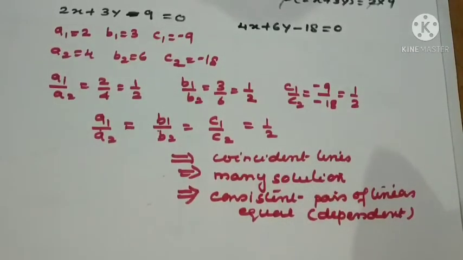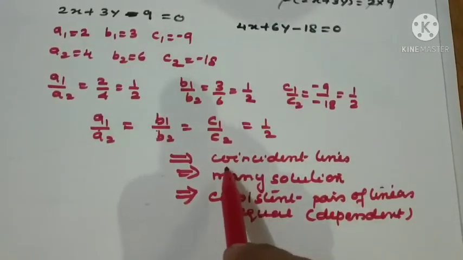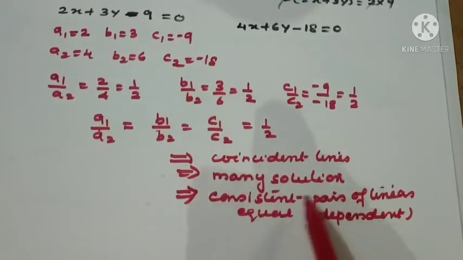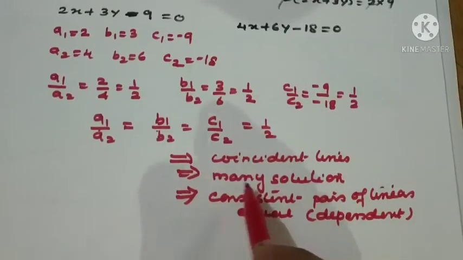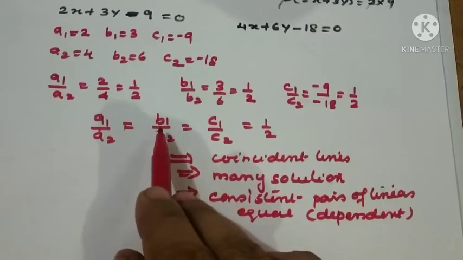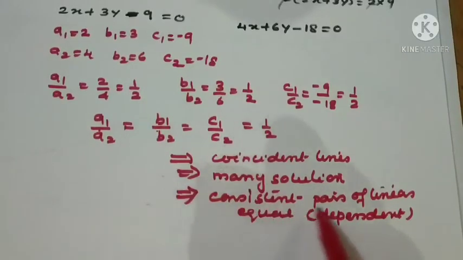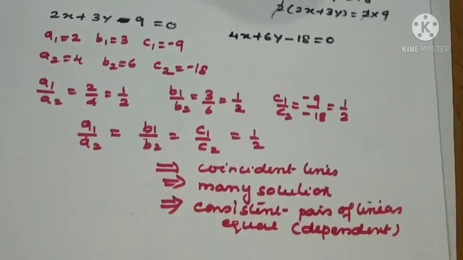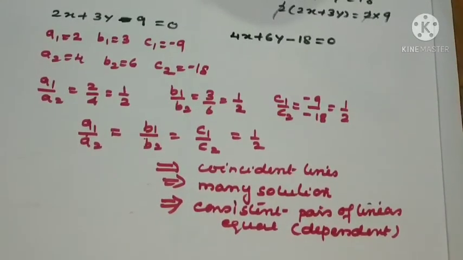So once again we got coincident lines, many solutions and a consistent pair. So when the three ratios a1 by a2, b1 by b2, c1 by c2 are equal, we have a consistent pair of linear equations which is dependent, with coincident lines and many solutions possible.